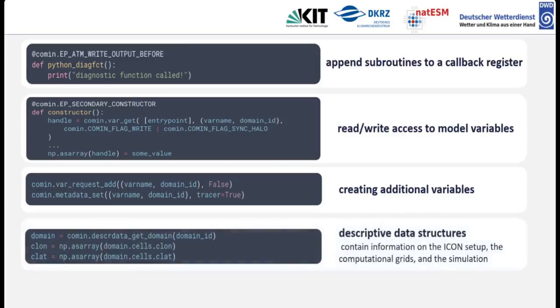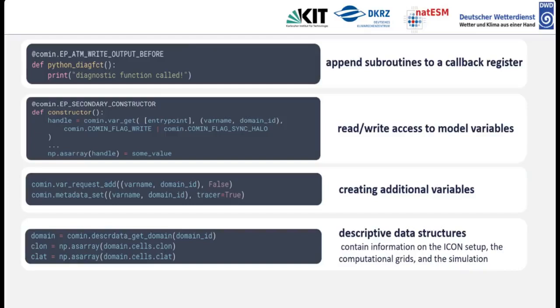And once we are writing our plugins, we don't need only to access the variables, but we also need some information about the ICON setup, computational grids, and the simulation parameters. These data are characterized as descriptive data structures.